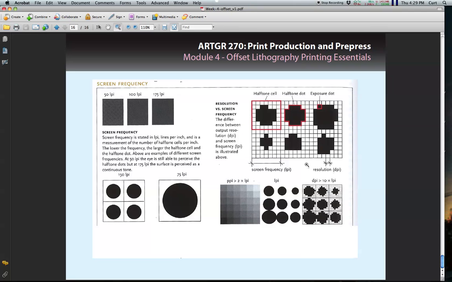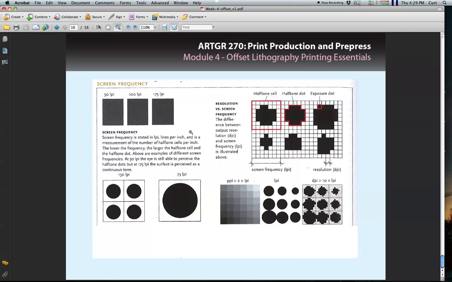Now here's a little bit deeper. This is about as far as we'll go into what halftone screens are and the difference. Essentially, LPI you can think of as lines per inch, and that's the physical dots on the paper, where PPI is the pixels per inch, which is the pixels on your screen.